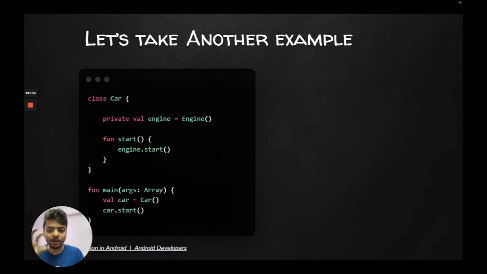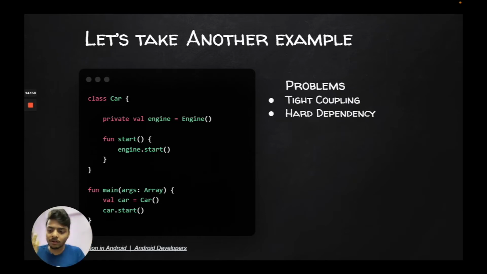But if I were to sum them up, or club them, the problems are tight coupling and hard dependency. These two terms, tight coupling and hard dependency, are very complementary to each other. Class Car is very hardly dependent on Engine in this code snippet which we have.